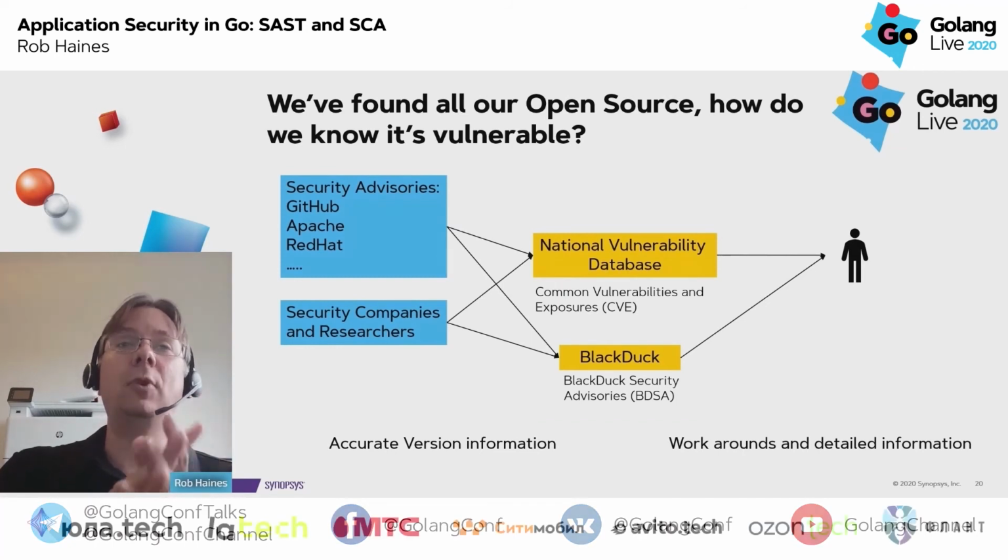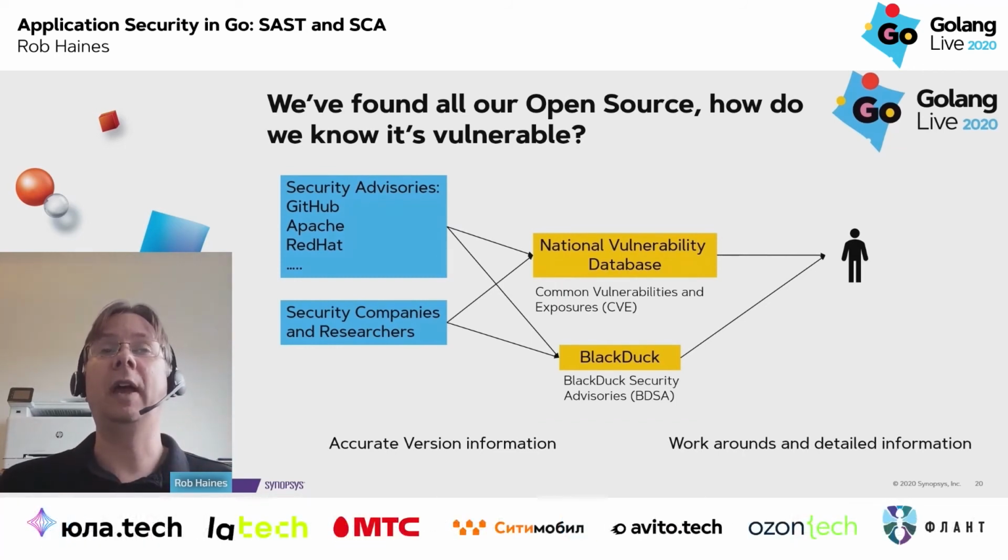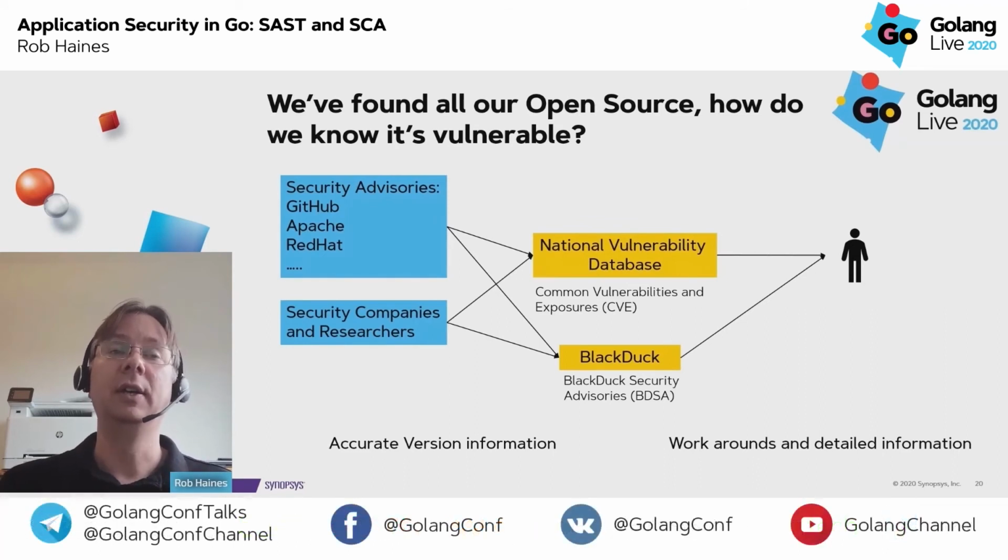So just to talk a little bit more in detail about that, we had a recent example where something had been reported by Apache, and they had said versions, I think it was 1.1 and 1.2 were vulnerable. Our own Black Duck security team had looked at this, and they had discovered that actually version 0.9 and 0.8 were also vulnerable. So we let Apache know, responsible disclosure.